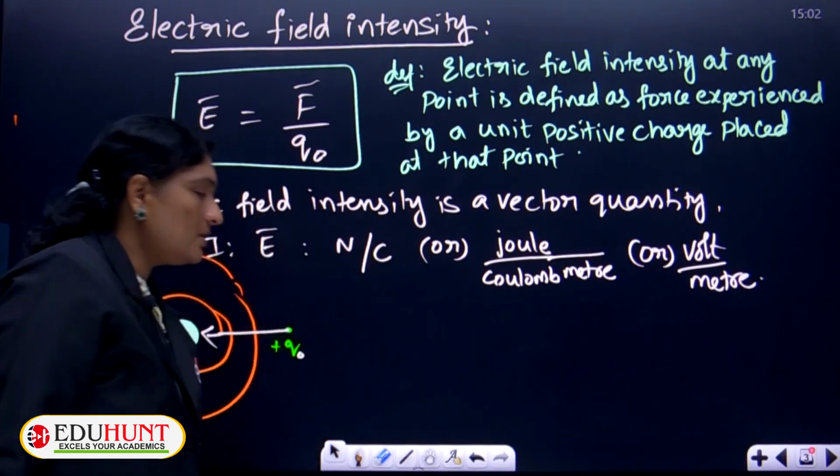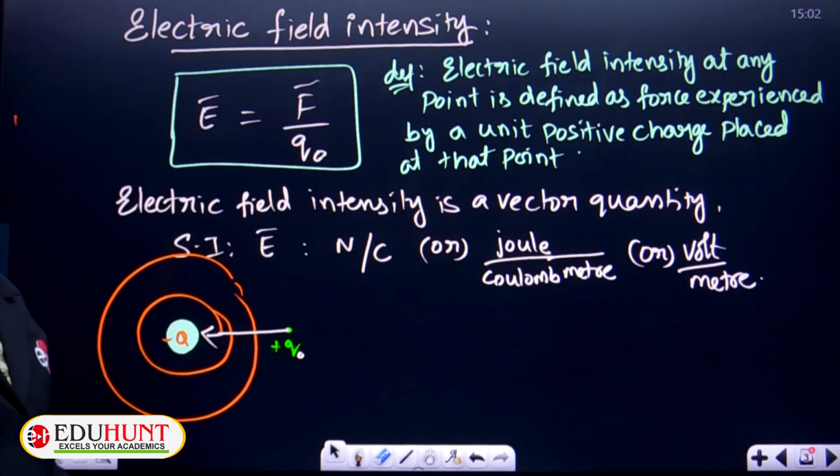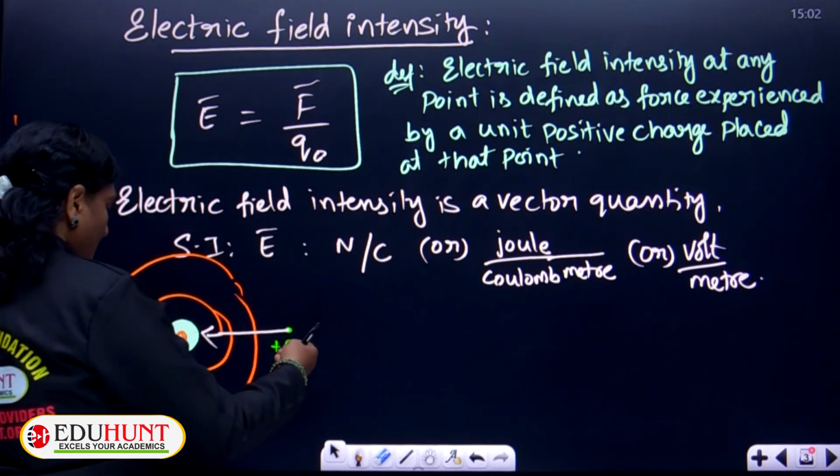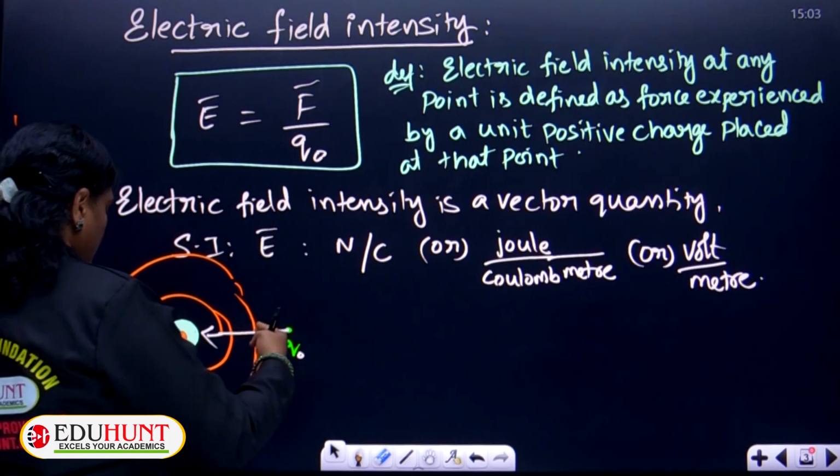Okay, children. So, this is all about your electric field intensity. Now, let us try to understand in detail regarding the direction of electric field intensity. Suppose you consider different charges.